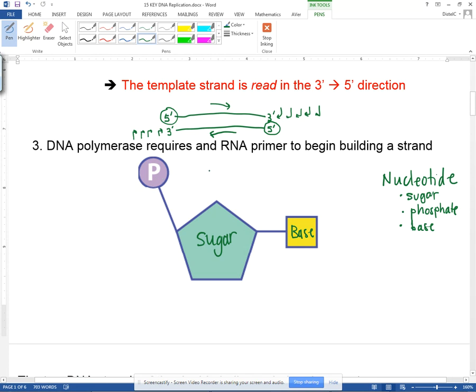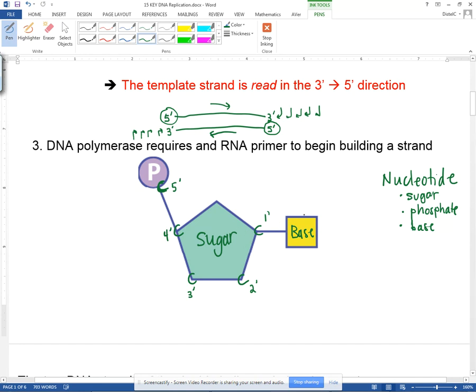Now, when we're talking about the sugar, we have to identify the carbons: 1, 2, 3, 4. The fifth one is kind of tricky, and ends up being out here. This could be an oxygen. So we label these carbons in order from 1 to 5.